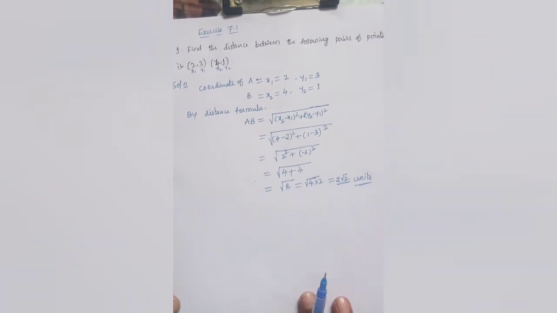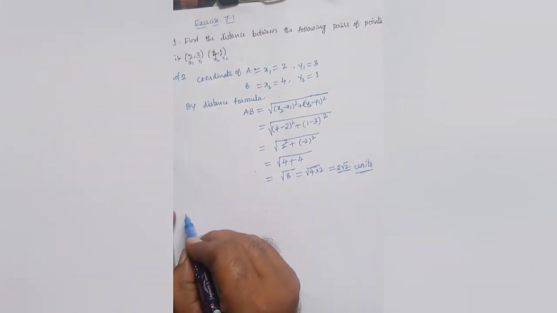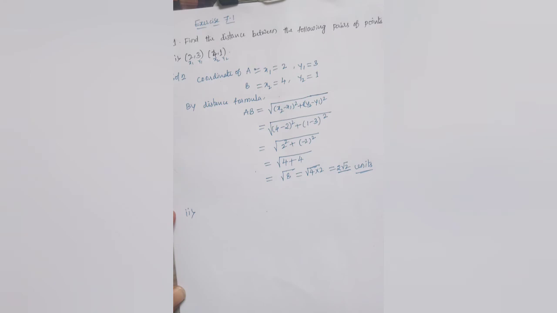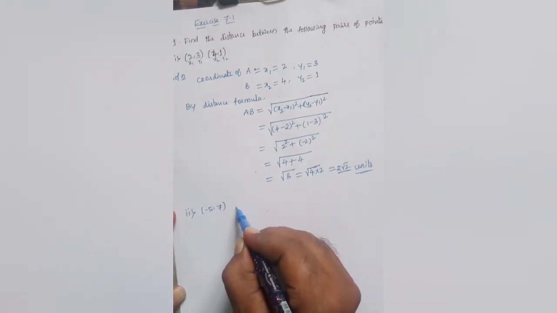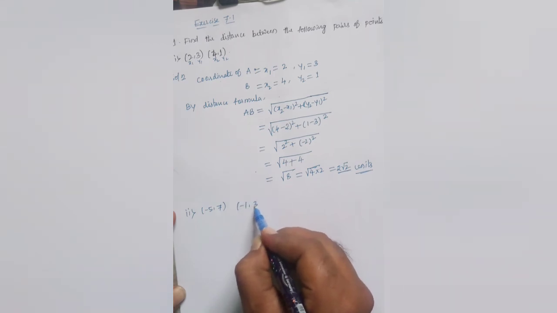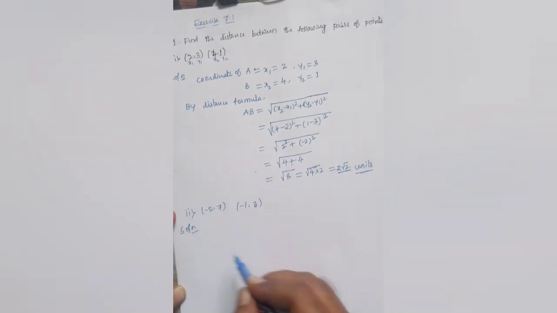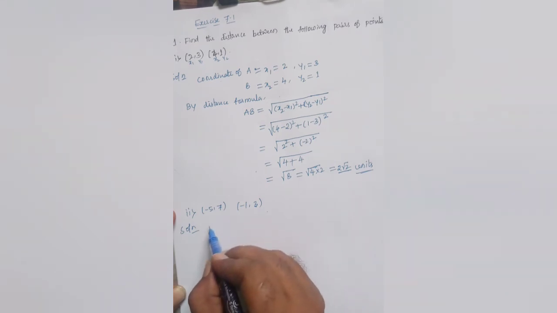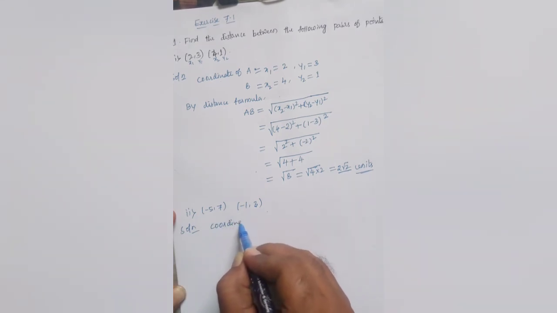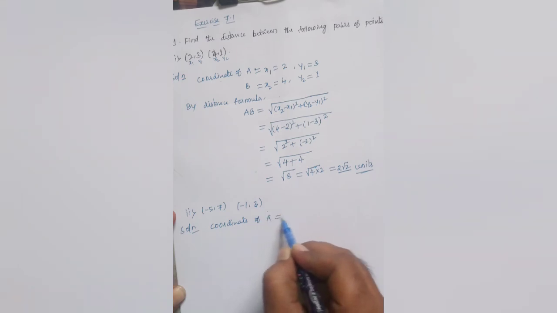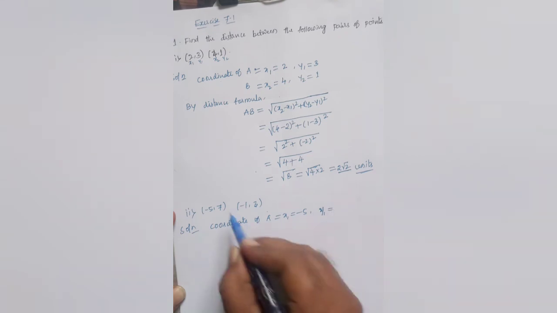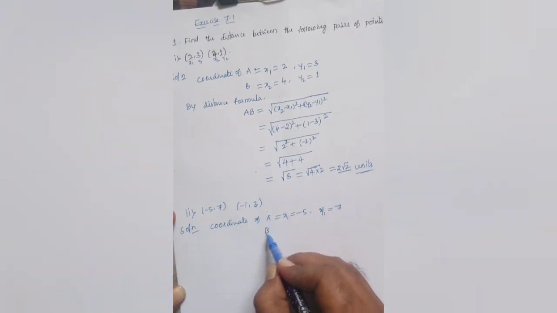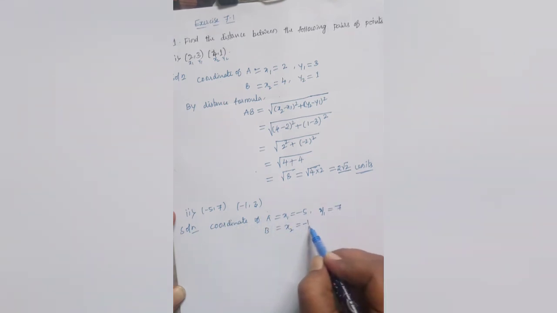Now the second one: the points are (-5, 7) and (-1, 3). Solution, coordinate of A: x1 is equal to minus 5, y1 is equal to 7. Coordinate of B: x2 is equal to minus 1, y2 is equal to 3.